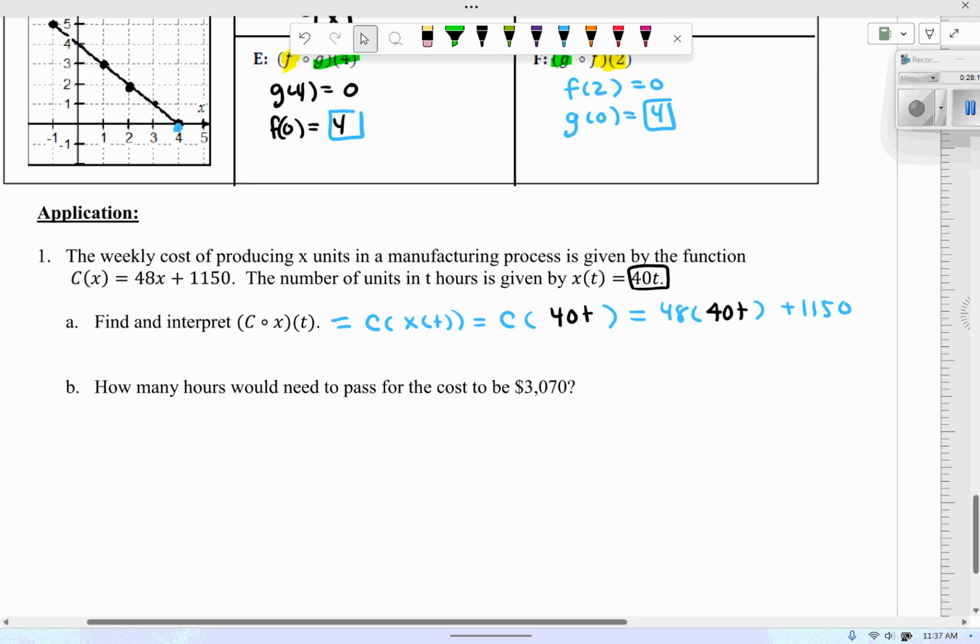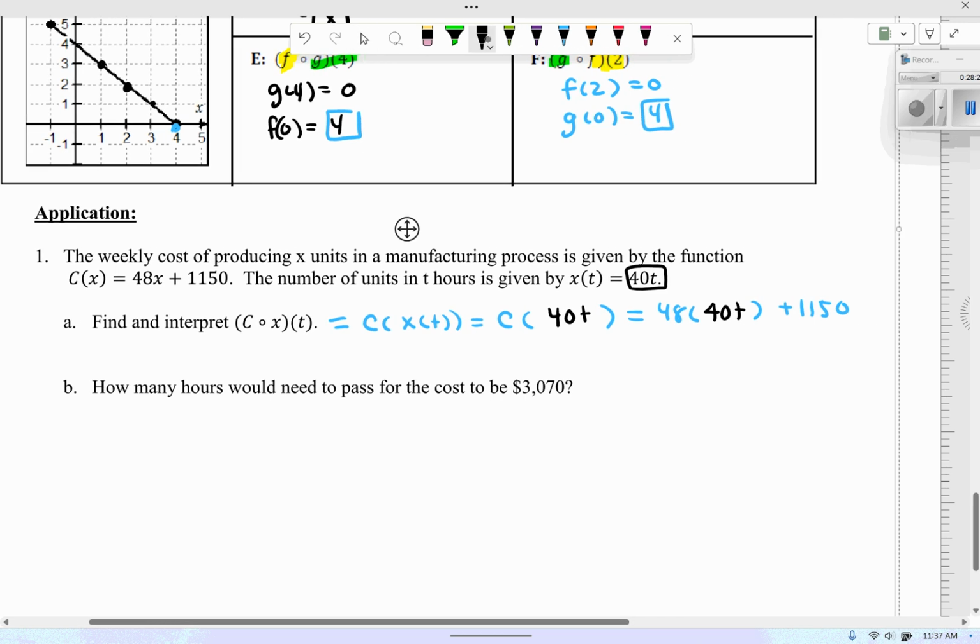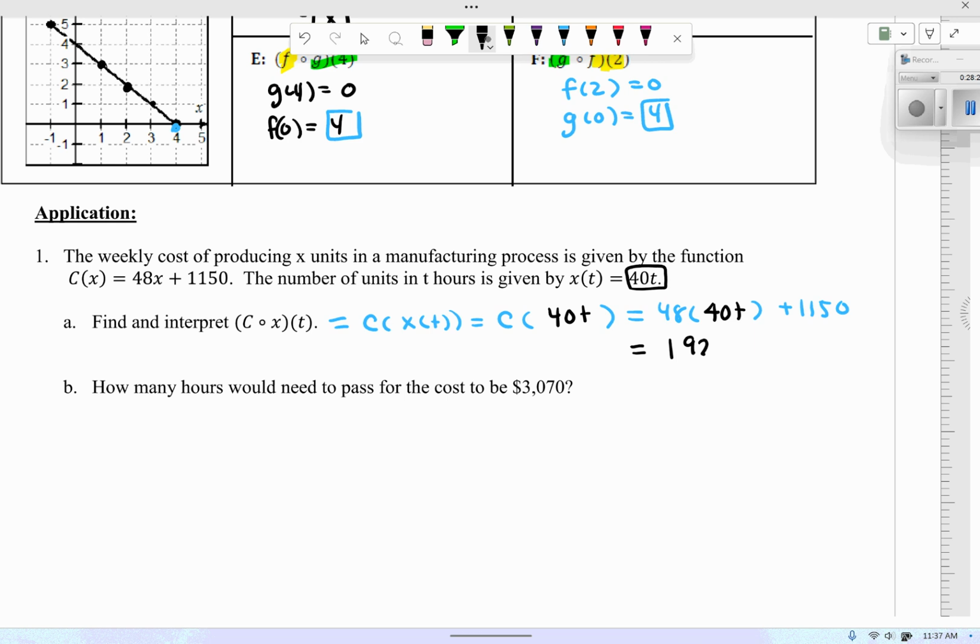So then we're just going to simplify, multiply 48 times 40. So we get this is equal to 1,920 T plus 1150. So that ends up giving us C of T.